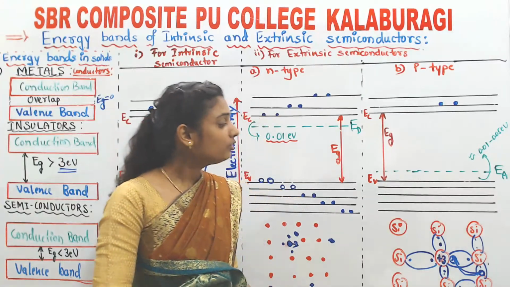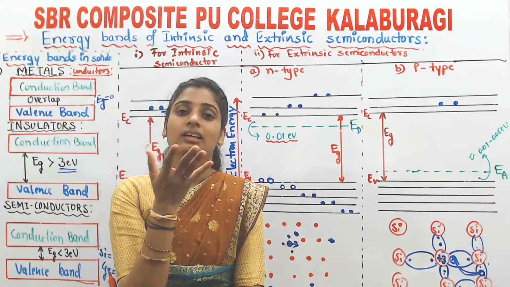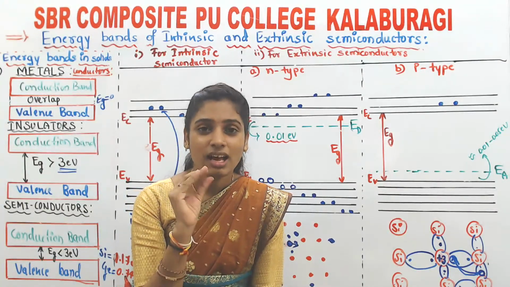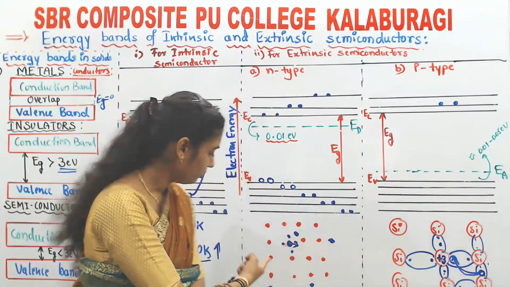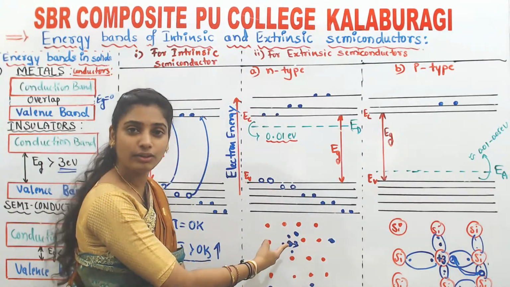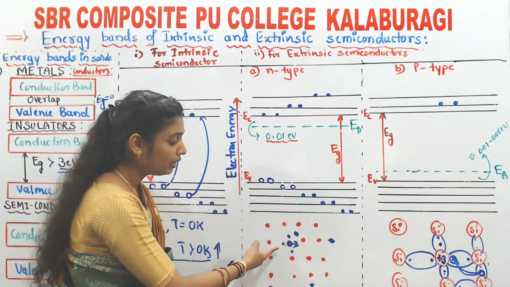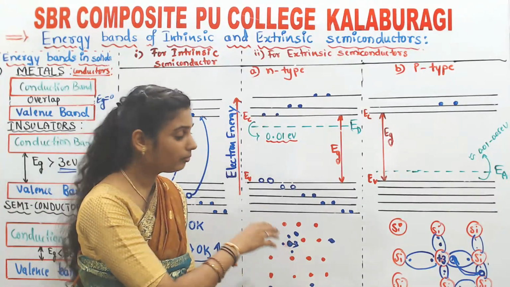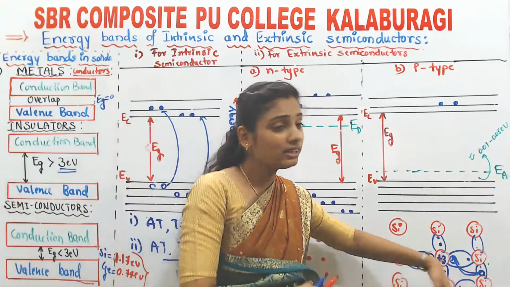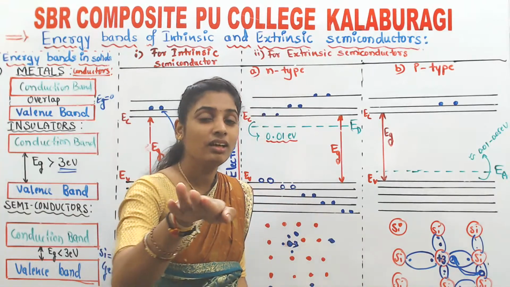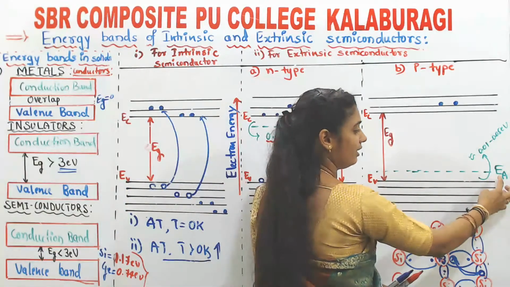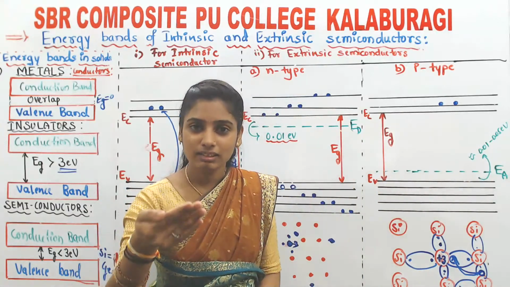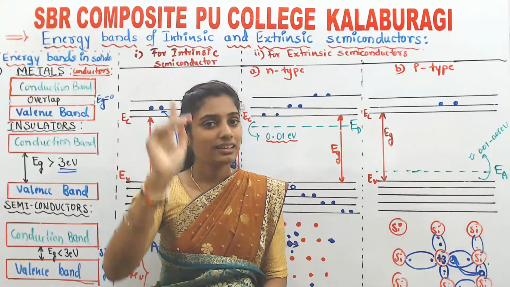holes. Okay. So now the thing is, the holes are having less energy as compared to the free electrons, as there was an electron donated by the pentavalent impurity. So this is having high energy as compared to the holes. So as holes are having less energy, they will be having their acceptor energy levels immediately above the valence band, not near to the conduction band.